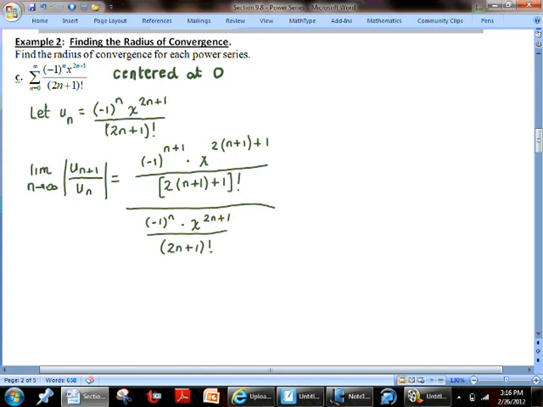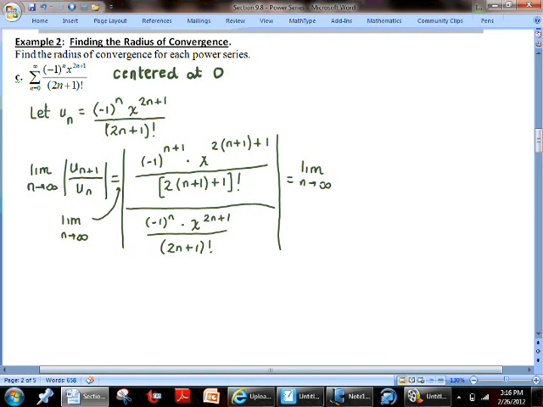It's important that we note that we're only concerned about the positive value of this, so we would still have our absolute values around it. And yes, that is one hideous looking fraction, isn't it? And one other important thing: that limit statement should still be written. I get on my students all the time for forgetting to write that, so I'm going to start off with that limit statement here.